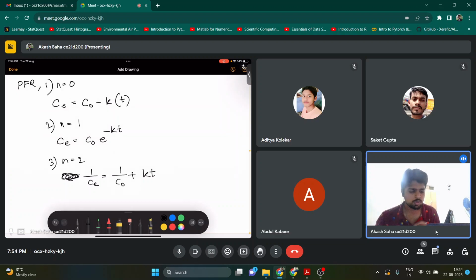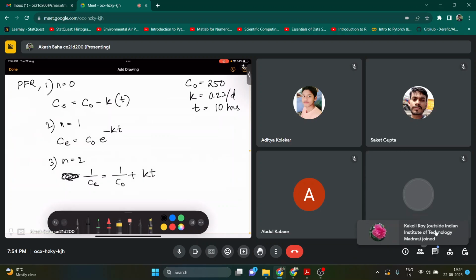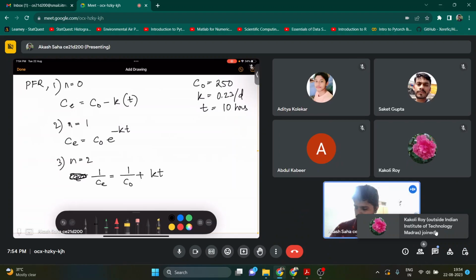So what you can do, we know that in our system my C naught is equal to 250, my K is equal to 0.23 per day, my t is equal to 10 hours. These are the information we know, and we also know my Ce value, that is 10 milligram per liter.